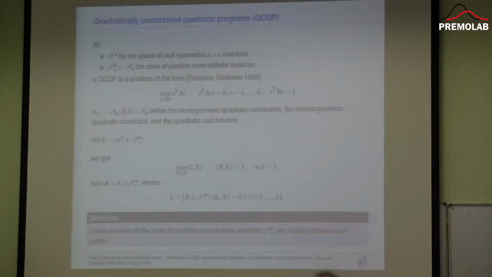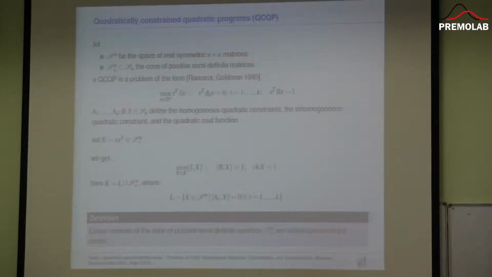But we can look at approximations, and the approximation which will be applicable here is just dropping the difficult rank constraint and considering a linear program over the matrix decision variable. Okay, so we can still rewrite this problem a bit.